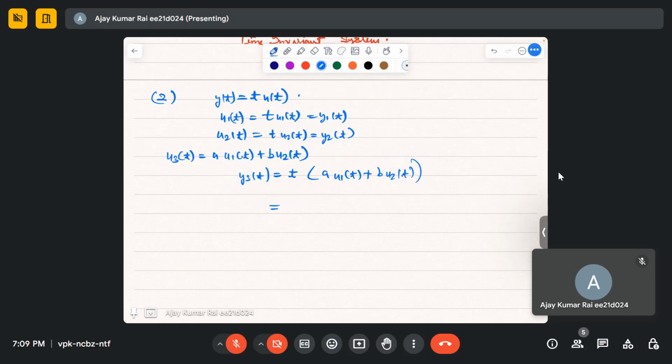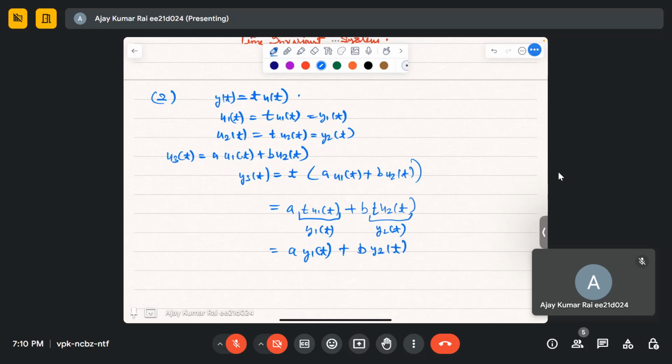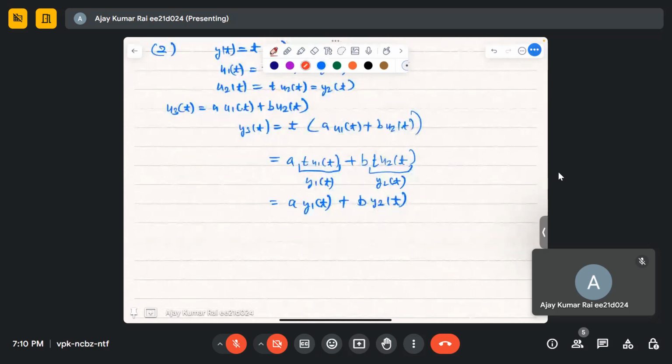It will be the same, a t u1 of t plus b t u2 of t. This is y1 of t, and this is y2 of t. So this is a linear combination. So the superposition principle is applied here. So I can say this is linear.